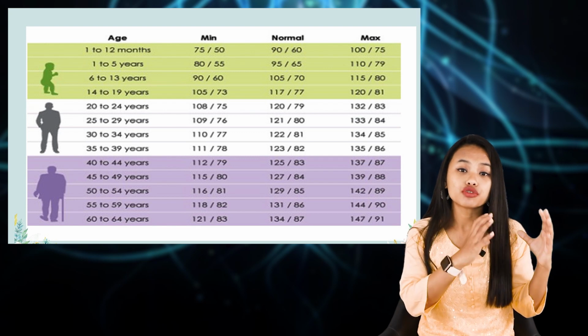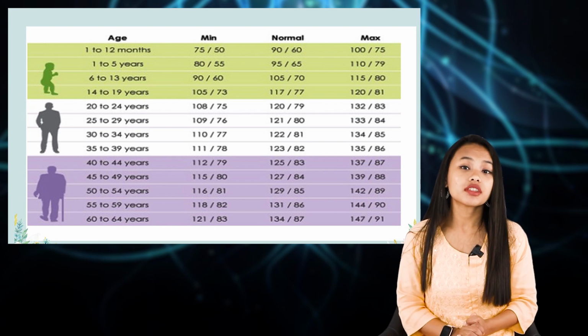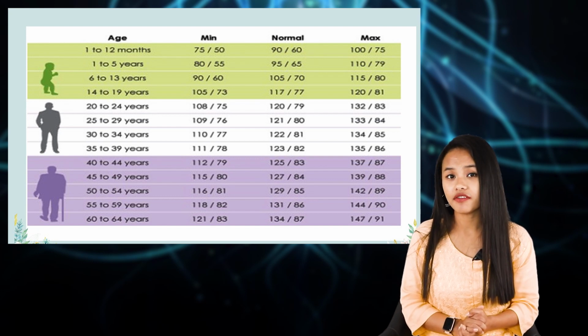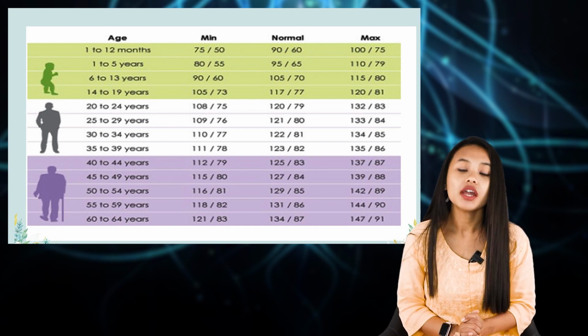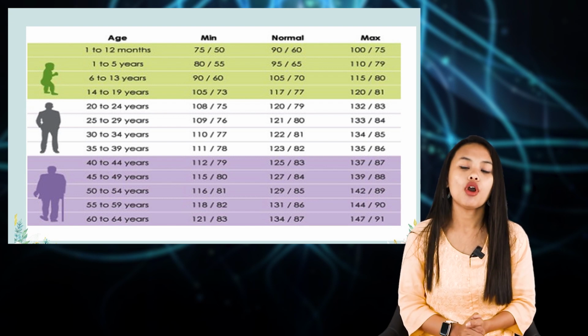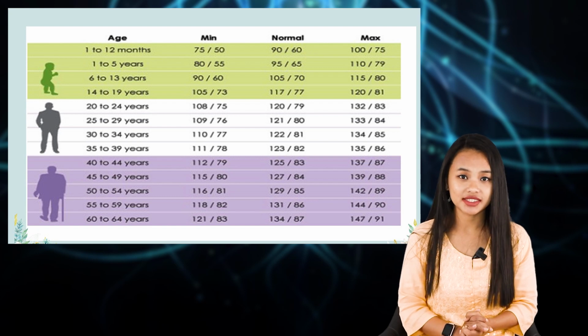And also for those between 35 to 39 years of age, their minimum is 111 by 78, their normal is 123 by 82, and their maximum can be 135 by 86.